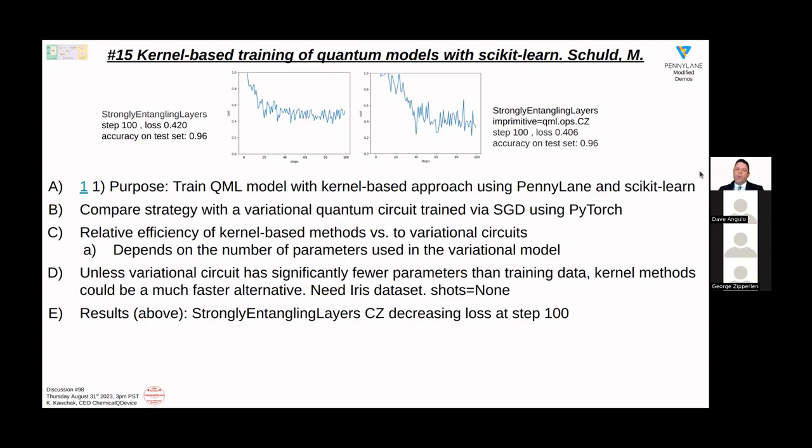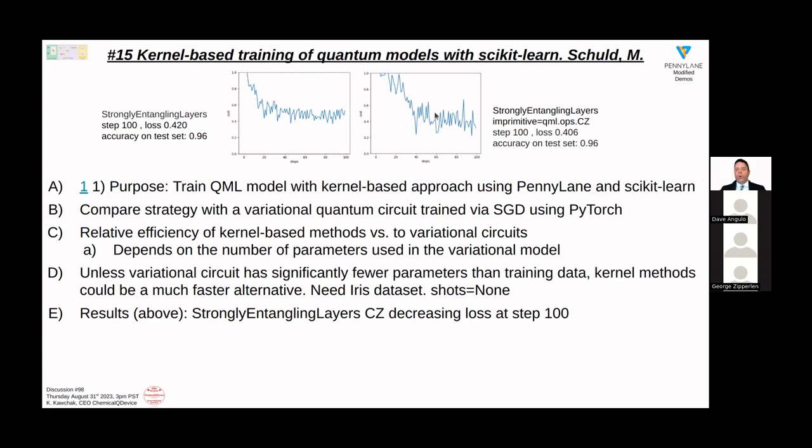And in this one, I couldn't change the ratio of, say, rotational gates to entangling gates, but I could change it into a CZ. So I believe the one on the left is strongly entangled. That's a template. And on the right, this qml.ops.CZ changes things.